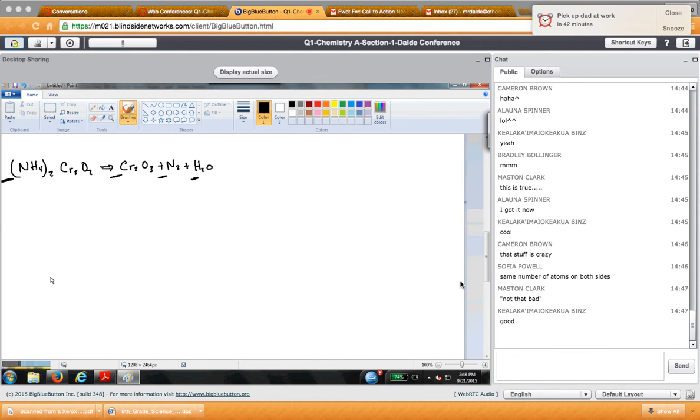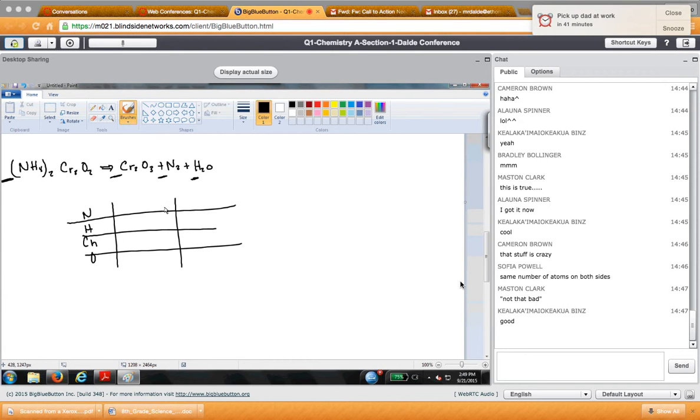I take a look at this and I ask myself, what elements am I dealing with? I've got nitrogen. What else do you see on the left side? Hydrogen. Okay. What else? Come on. Anyone? Cr, chrome. Oxygen. Good. And on the right-hand side, I have the same: nitrogen. So on the left-hand side, how many nitrogens do I have? 2.